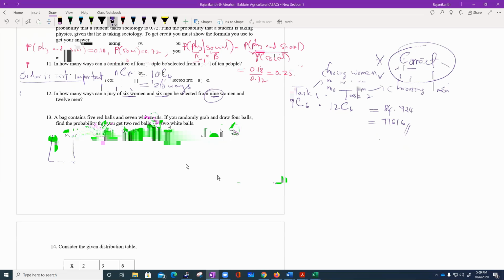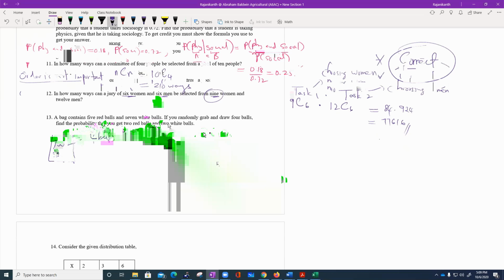There are 7 white balls and 5 red balls, right? The question is, we are choosing 4 randomly. We don't know what kind of balls you are getting. All you are simply grabbing 4 balls. We don't know. The question is, find the probability that you get 2 red balls and 2 white balls.